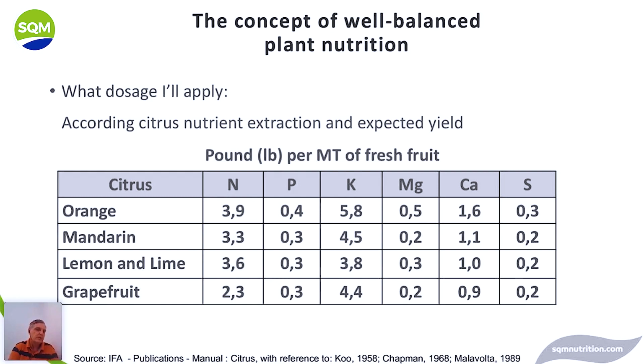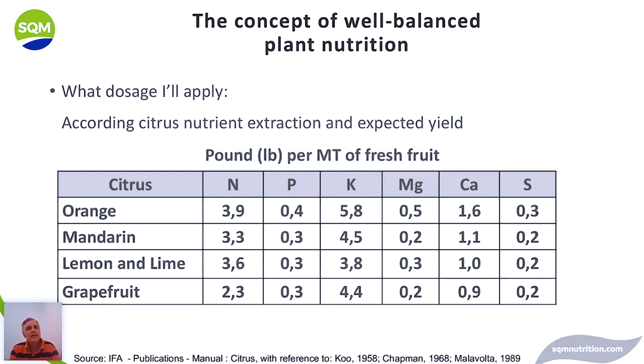In this case, we are talking about citrus, and we will see that according to citrus type, we have different nutrient extractions, considering the amount of nitrogen, phosphorus, potassium, magnesium, calcium, for all the nutrients, in pounds per metric ton of fresh fruit produced.